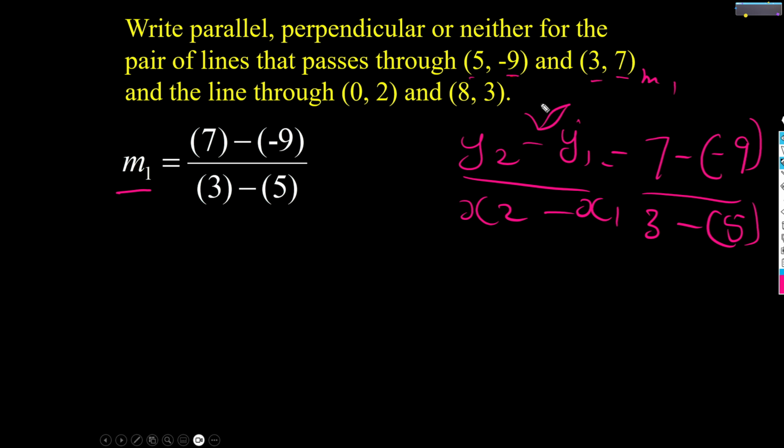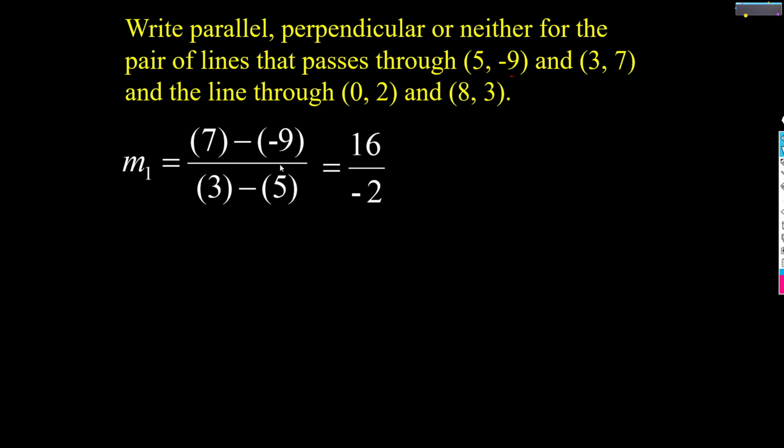So with this, we can continue and say the gradient m1 is equal to 16 over -2, and that equals -8, because remember, when you divide by a negative number, you are going to get a negative.